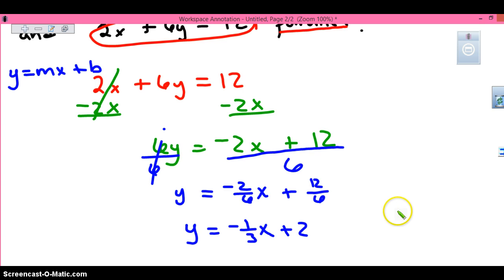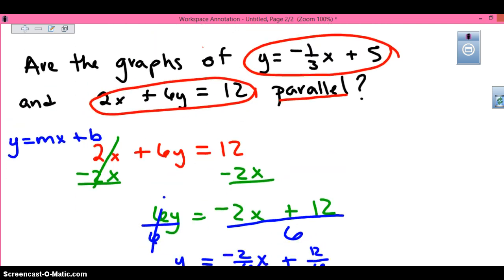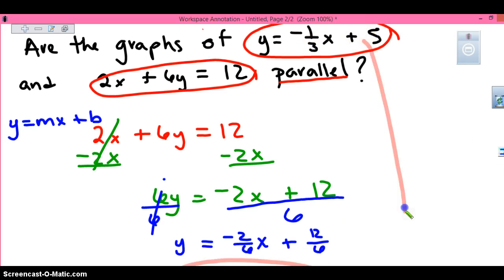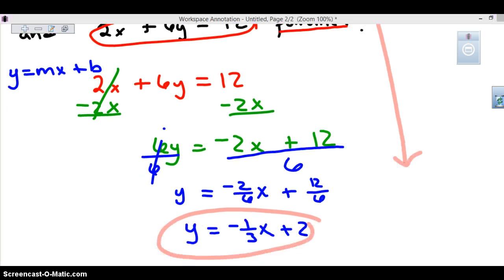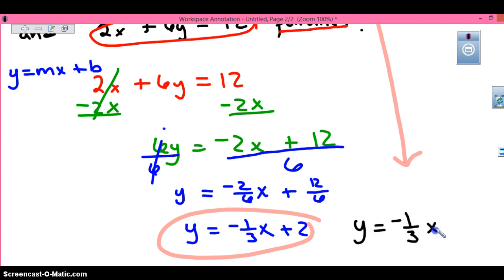So the equations we're comparing now are y equals negative 1/3 x plus 2 and y equals 1/3 x plus 5. We bring this one down here. Y equals 1/3 x plus 5.